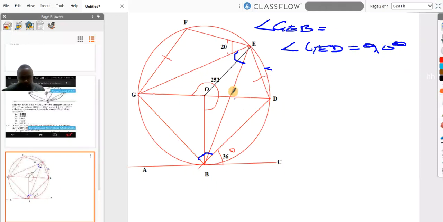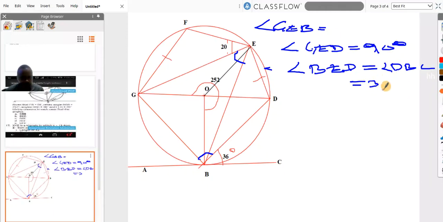Now I also want to look at this angle BED. Angle BED will be equal to angle DBC. This angle here will be equal to that 36 degrees.